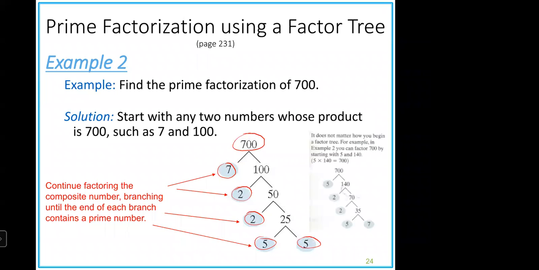Now, even though we started with 7 times 100, you should note that you may have different ways to start. On the side here, we have 700 is equal to 5 times 140. Even if we start with 5 times 140, at the end of the whole factor tree, the order of the prime numbers may be different, but it's going to be the same result.